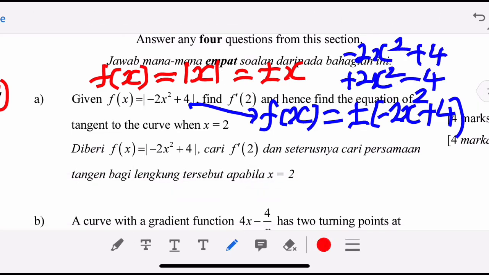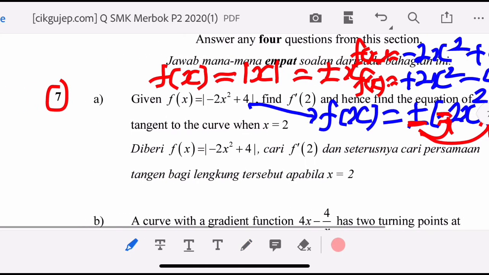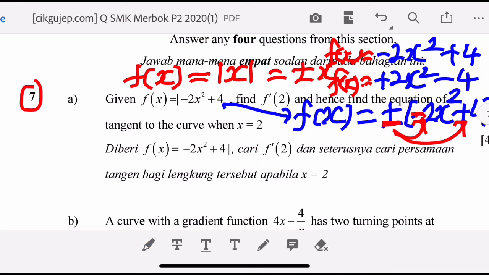So this one is a bit confusing. You times in will be positive, you times in will be negative. So in fact you have two functions, right? That is basically the concept of modulus.